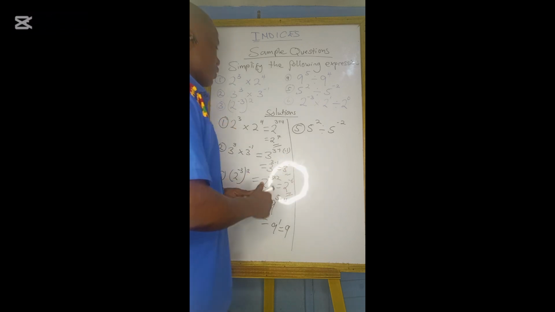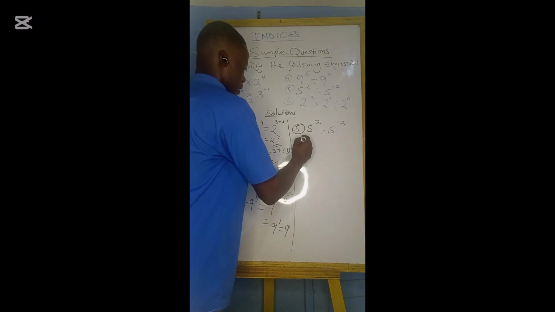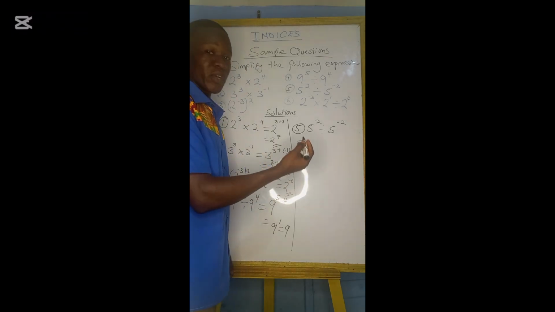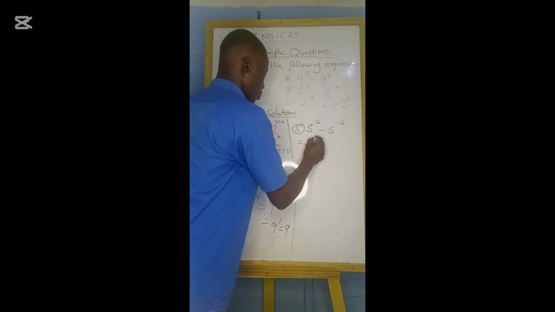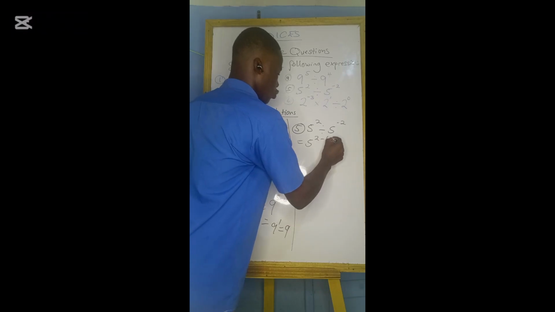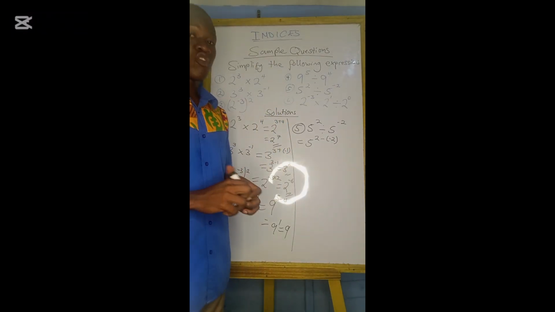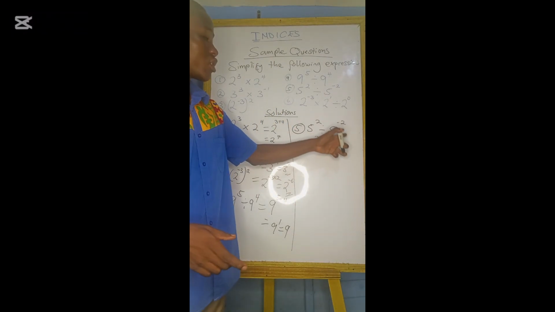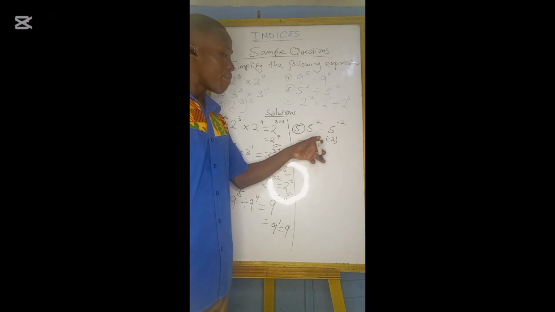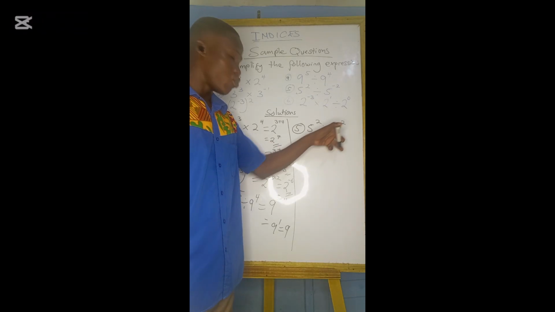You see how. So the solution is by subtracting the powers, right? So we have 5 raised to the power 2 minus 2. Take note. It's not 5 raised to the power 2 because the 2 is negative. So 5 raised to the power 2 minus this -2.